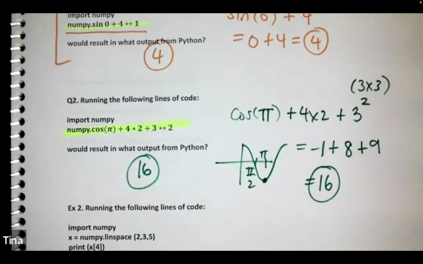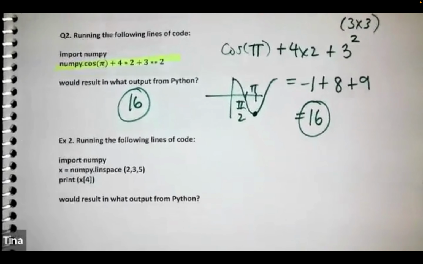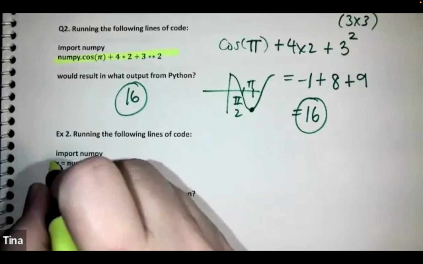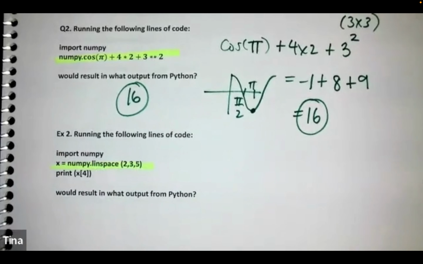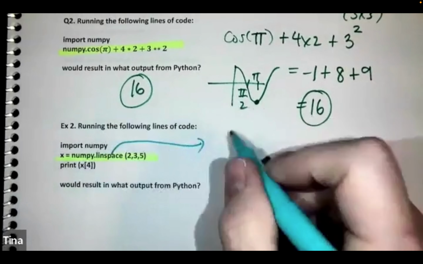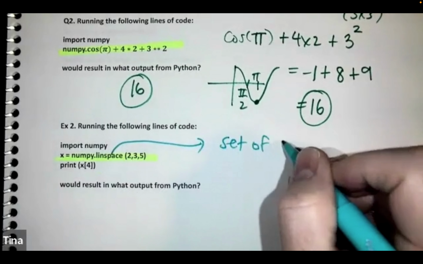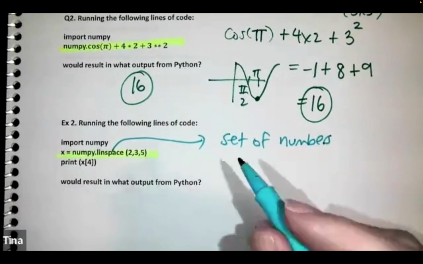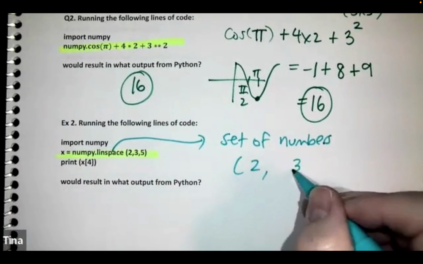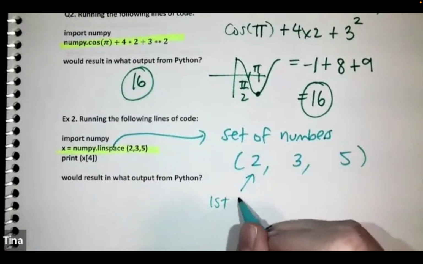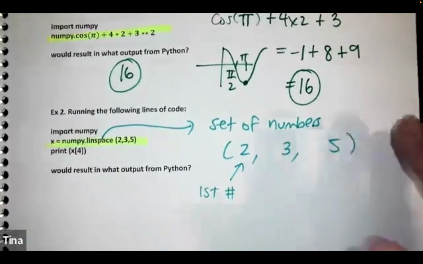Okay, so running the following lines of code. So now we have import numpy, but look at what this says. It says x equals numpy dot linspace. So this linspace means we're looking at a set of numbers. And this 2, 3, 5: the first number here is the first number in the set.